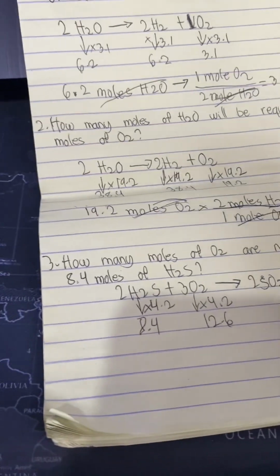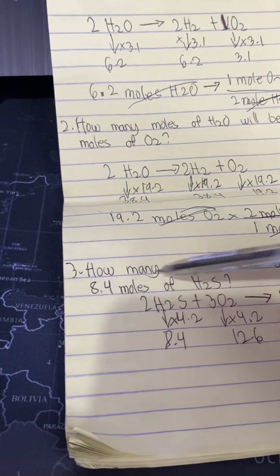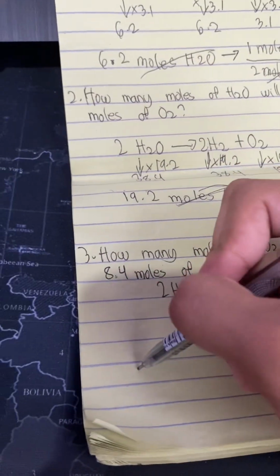After that, we're going to put the 8.4 moles of H2S here.